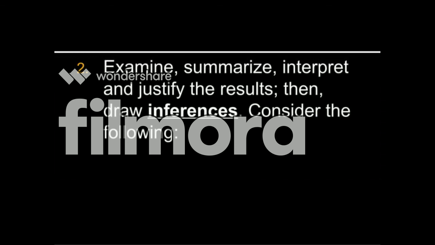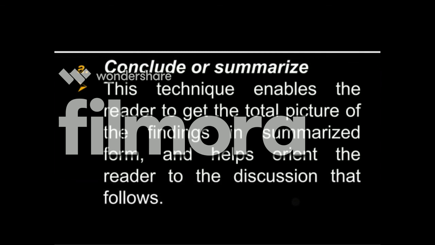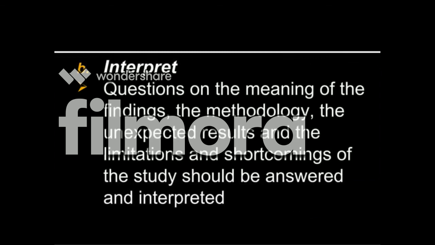The second step is to examine, summarize, interpret, and justify the results, then draw inferences. And we have to consider the following: conclude or summarize. So this technique enables the reader to get the total picture of the findings in summarized form, and it helps orient the reader to the discussion that follows.